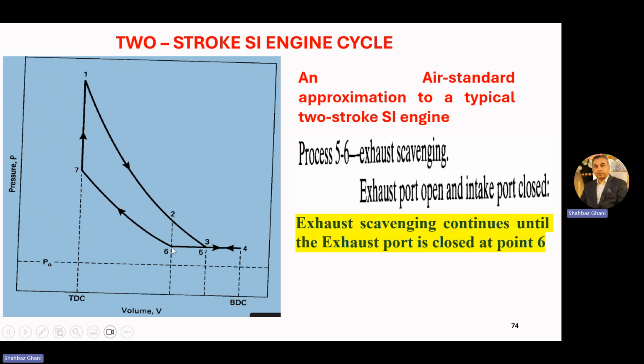Exhaust scavenging continues until the exhaust port is closed at this point. So at point 5, your intake port closed. At point 6, your exhaust port closed.